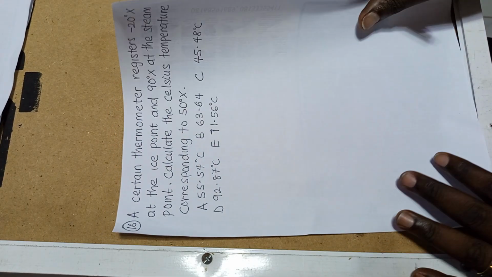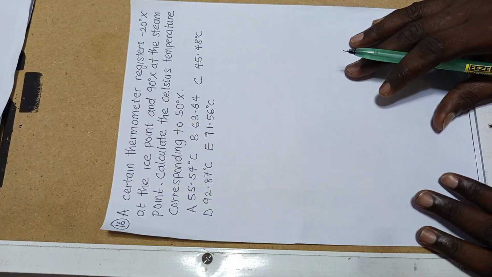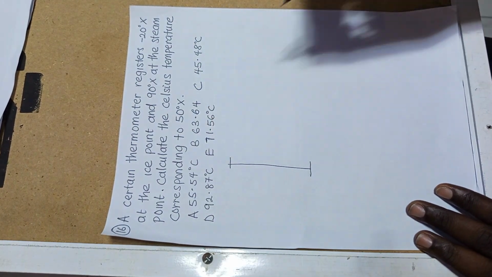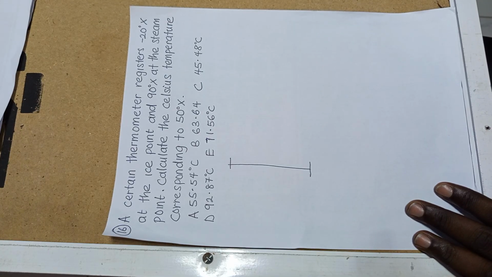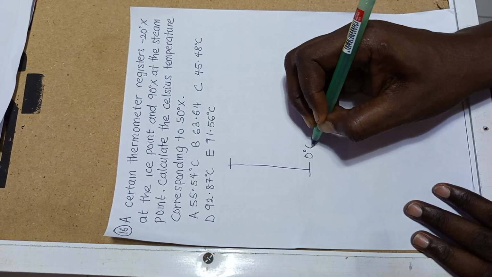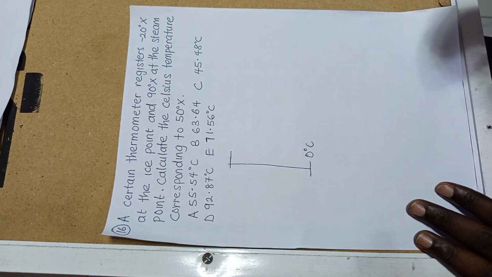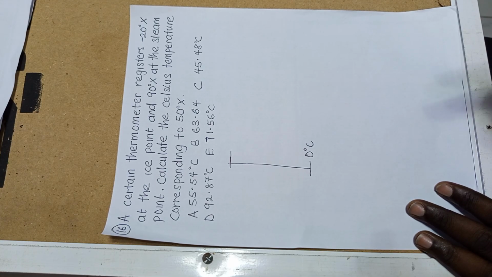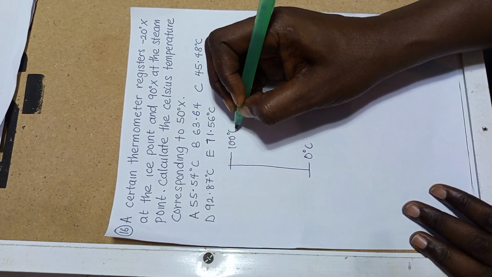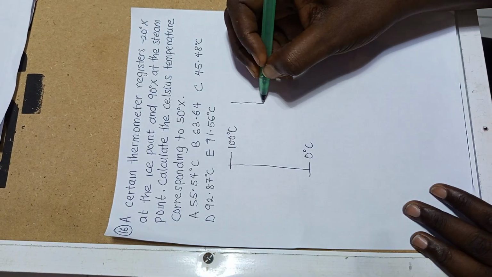The last part for this section says a certain thermometer registered minus 20 degrees X at the ice point. Don't forget, 0 Kelvin is absolute zero temperature, or minus 273.16 degrees Celsius, and the fixed points are 0 and 100 degrees Celsius.